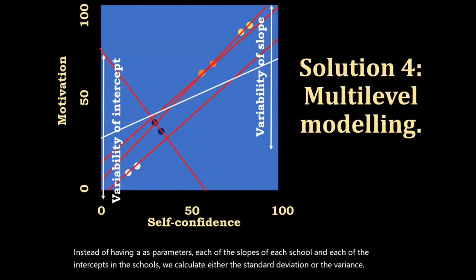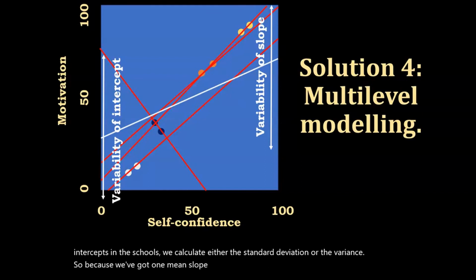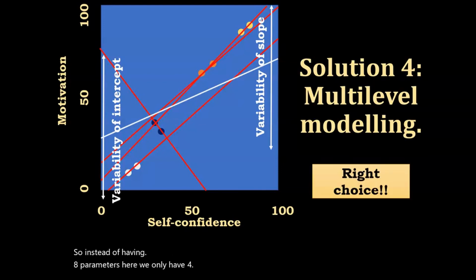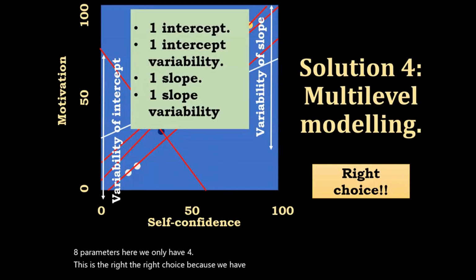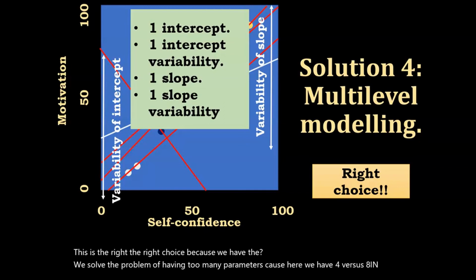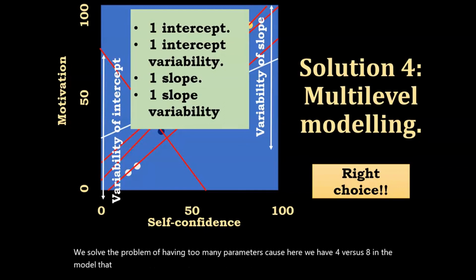Because we've got one mean slope or one mean intercept, and we have 4 slopes and 4 intercepts, we calculate just as for a normal variable the standard deviation or the variance. So instead of having 8 parameters here, we only have 4, and this is the right choice, because we solve the problem of having too many parameters: 4 versus 8 in the model that produces a regression line per school.